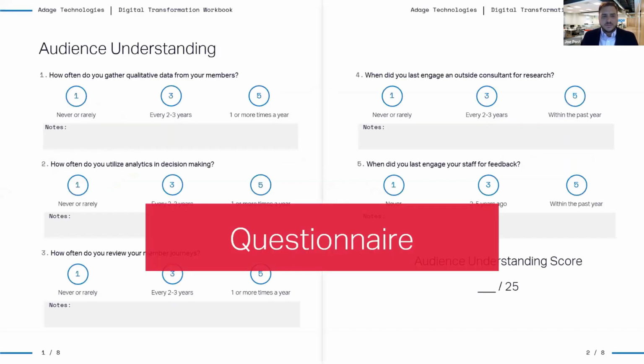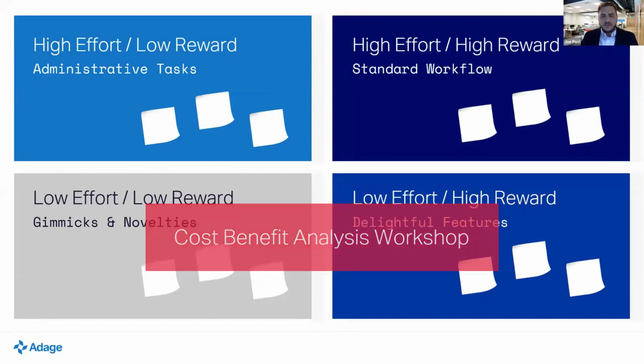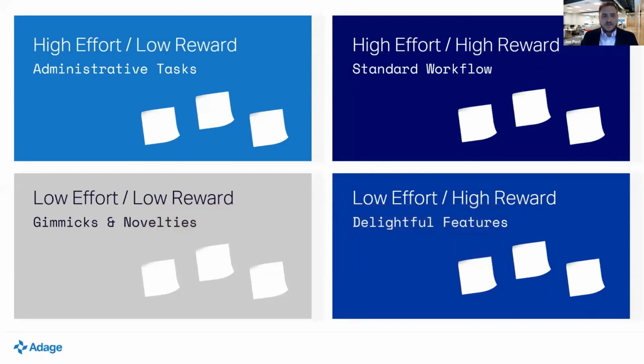What are some of the opportunities that we should be considering? Each of these steps in our questionnaire helps us understand your organization and what opportunities are available to you. The two workshops are around understanding where we can have the most impact with the least effort as we are trying to pivot to better serve our audiences in this current reality that we're all faced with.